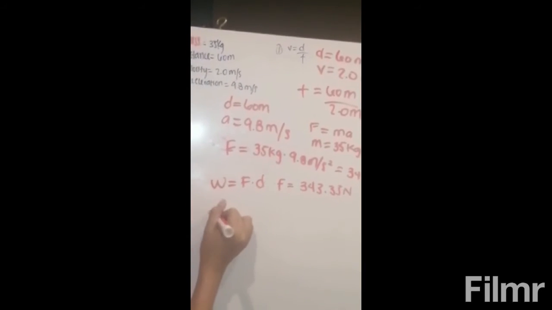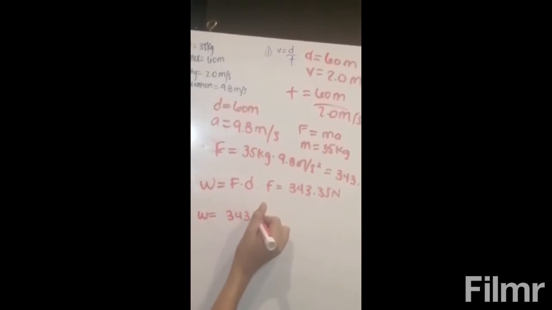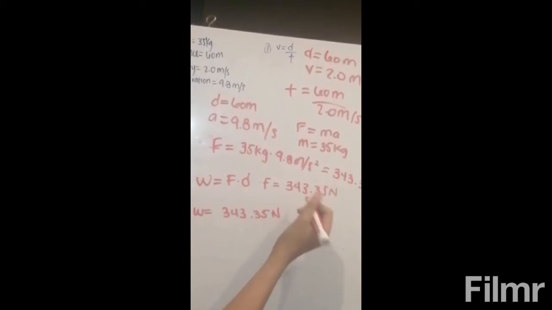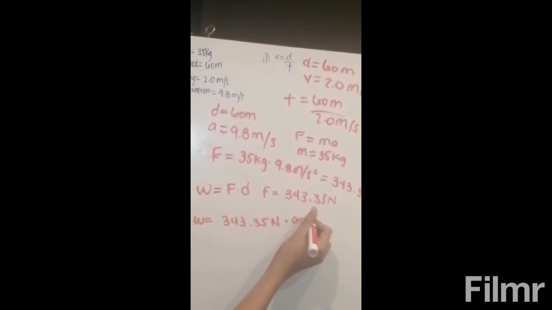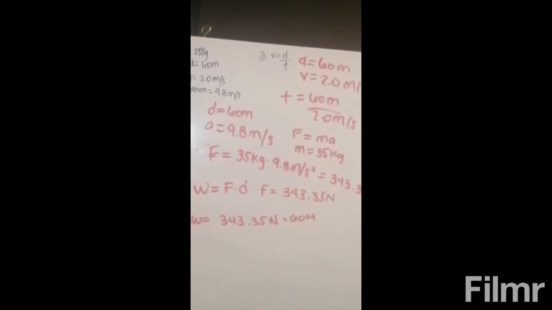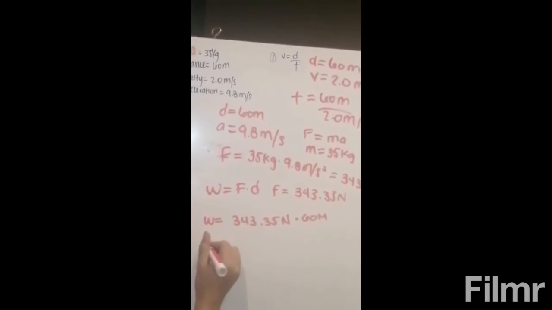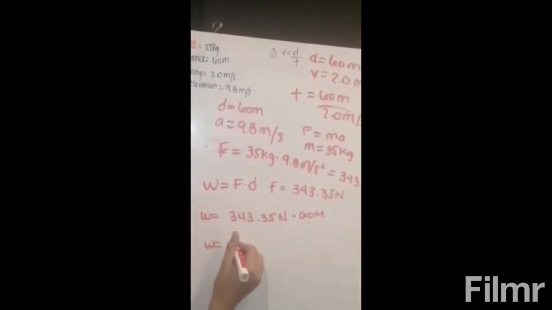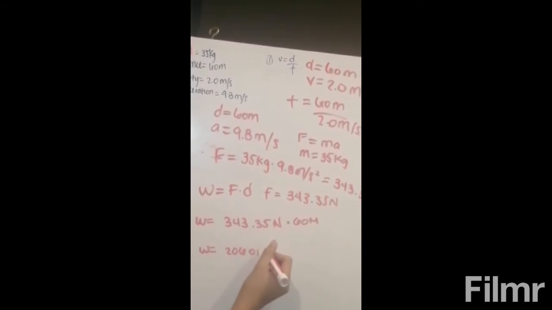Work equals 343.35 N times the distance, that's 60 meters. After that, we get the answer: work equals 20,601 J.